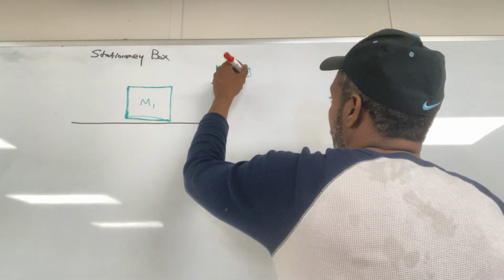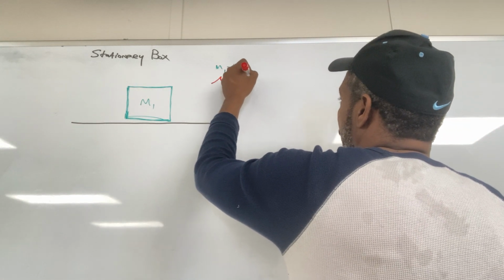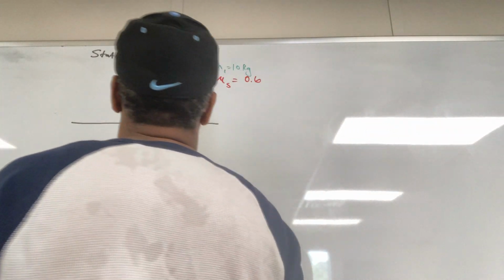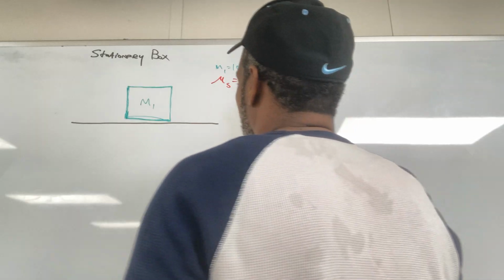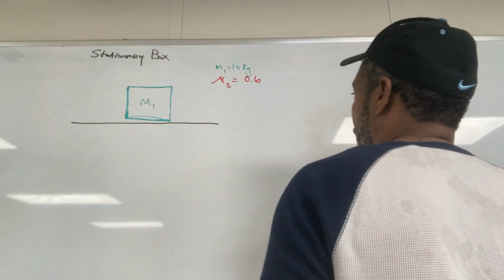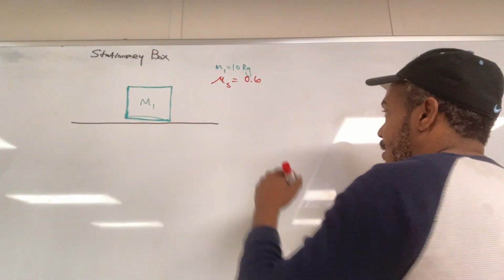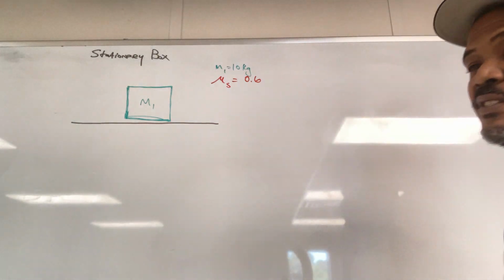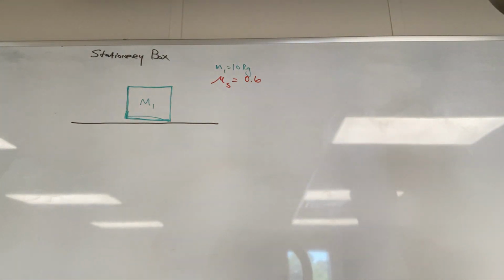We're gonna get a value of 0.6. That's our mu of S, all right? And so now, question is, I'm still waiting for somebody to tell me what mu of S is. All right.